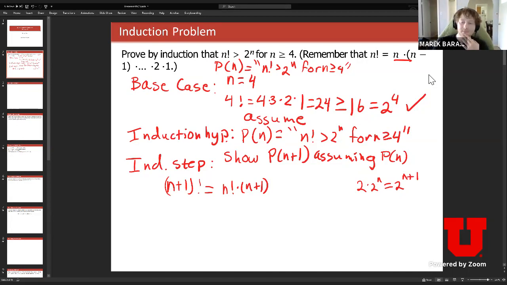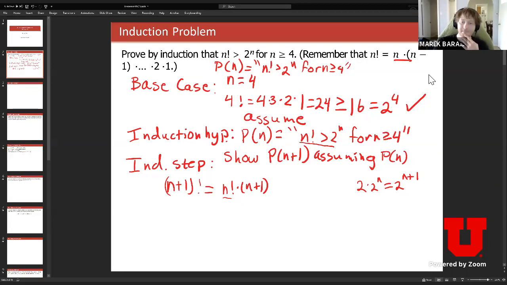Since we already assume n factorial is bigger than 2 to the power of n, and n is greater than or equal to 4, the n plus 1 is greater than 1.